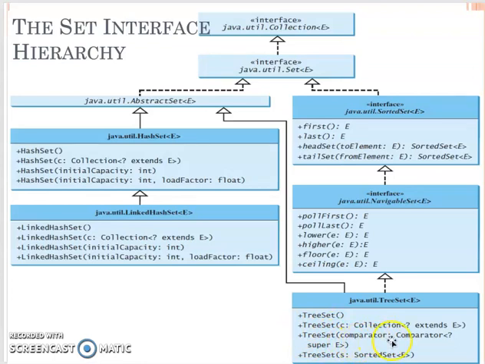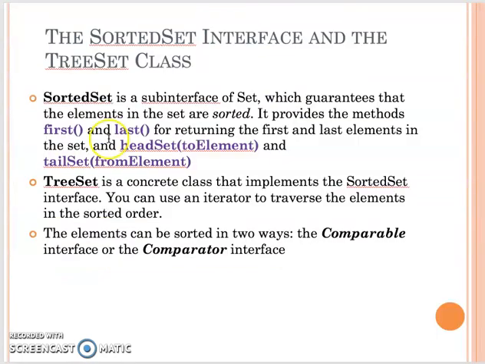If you want a different order for your values, for the student class, say by student name, or by student ID or GPA, you can specify a different comparator, and the TreeSet will be in a different order. The SortedSet is a sub-interface, and it has first and last methods that return your value.